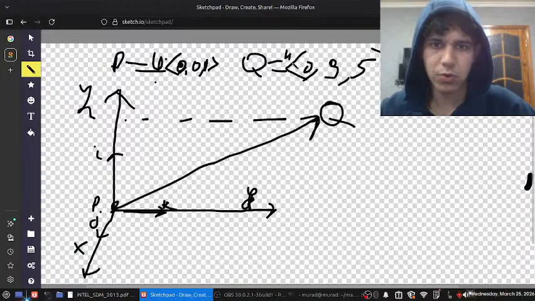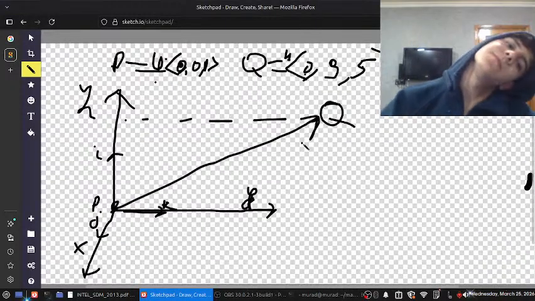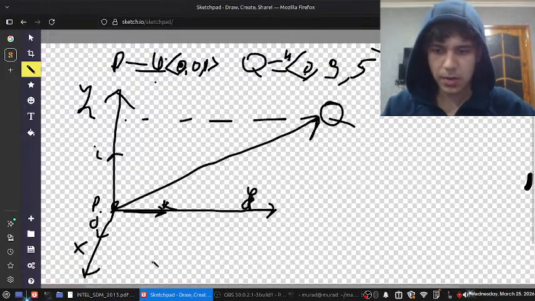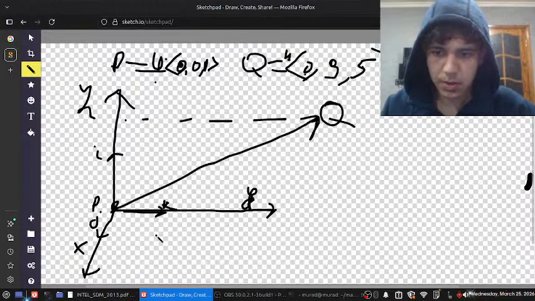If you put u here, u will be multiplied by 0, 9 and 5, and you find the vectors just like this.